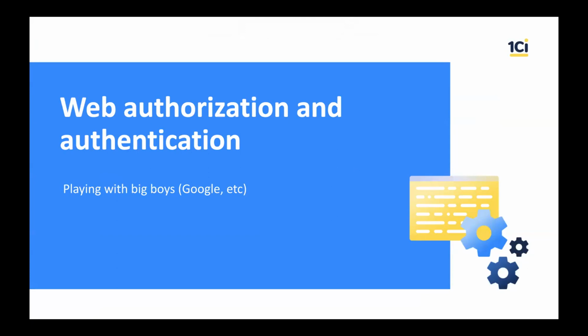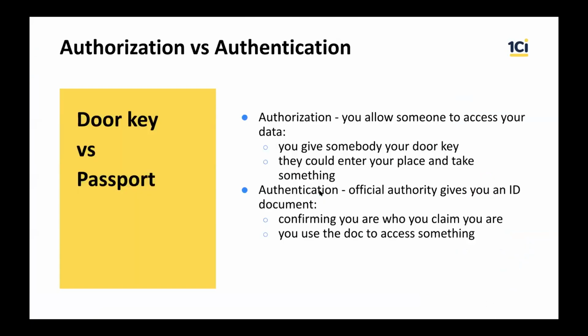For example, you can make a service public and without any restrictions. But when you work with somebody else's services, for example Google or Microsoft, of course you cannot just go and start using it. You need to prove yourself. You need to get access. This is what this topic is about: authorization and authentication.